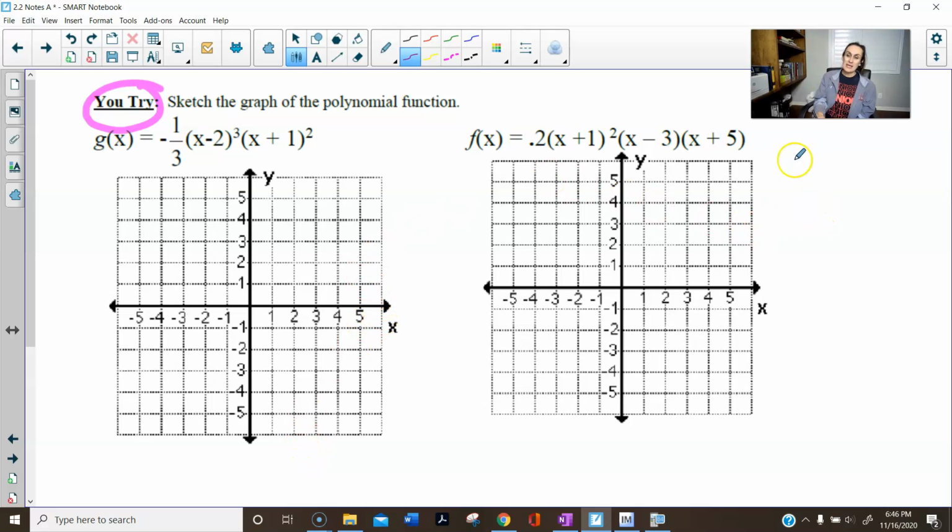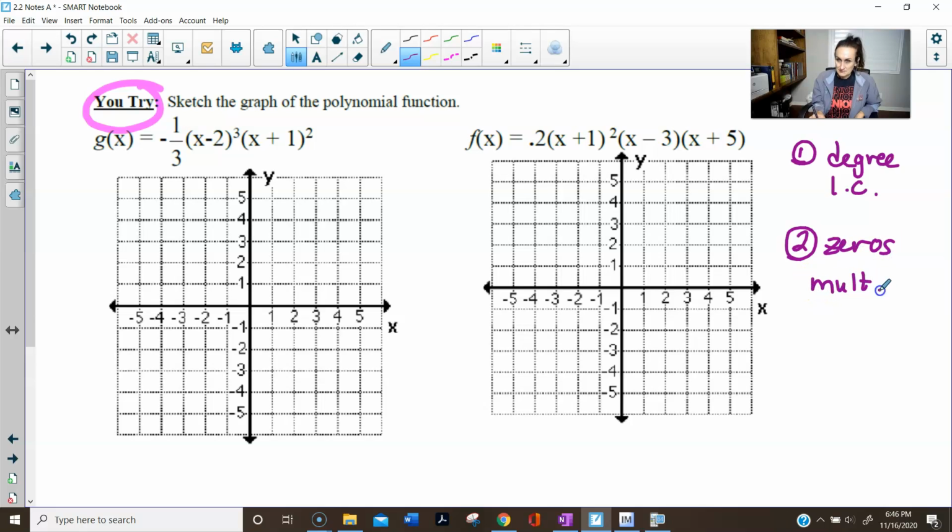First, you look for the degree and the leading coefficient so that you know which way your ends are going. Are they both up? Are they both down? Is one up and one down? Second, you're going to find your zeros, and you're going to determine their multiplicity. Do they bounce or not?